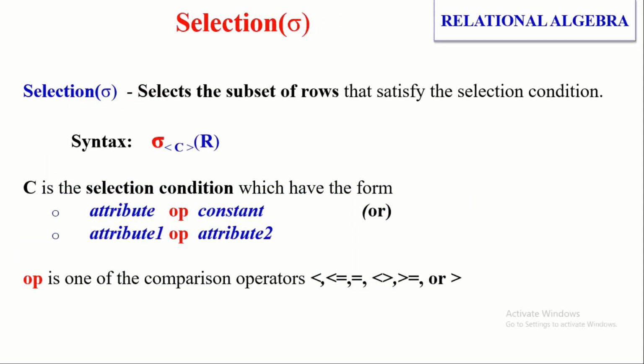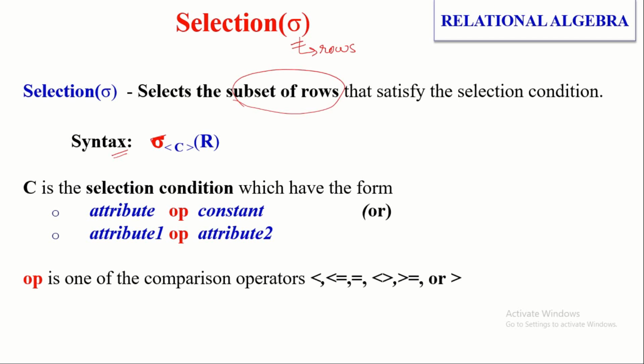Let us now discuss the selection operator in relational algebra. The selection operator selects the subset of rows that satisfy the selection condition. Coming to its syntax, sigma is the selection operator.